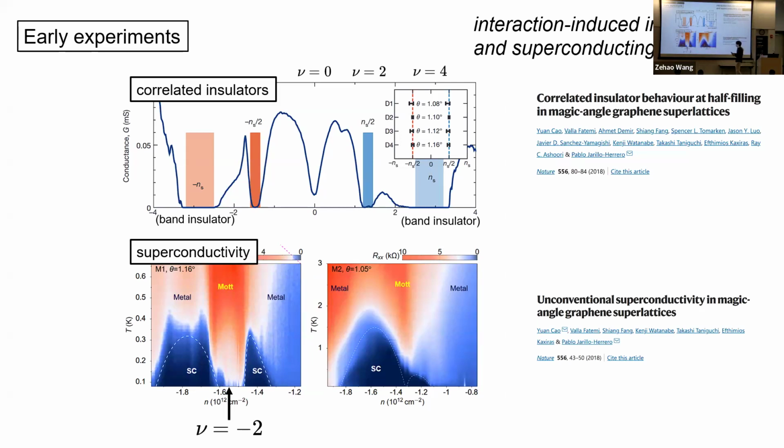If you were to zoom into the fillings around minus 2, you would see superconducting domes that flank the insulator. And the Tc can be up to a Kelvin, which doesn't seem very large, but you have to remember that the Fermi temperature is quite small because the Brillouin zone is really small. So this is actually a relatively high Tc superconductor. This really attracted a lot of attention, especially because of the resemblance to the high-Tc cuprates in these phase diagrams.